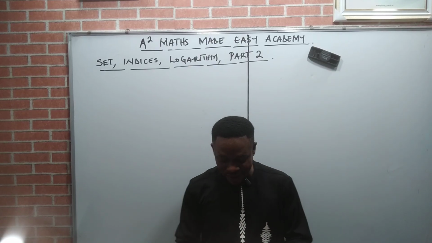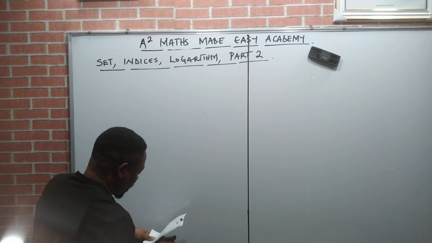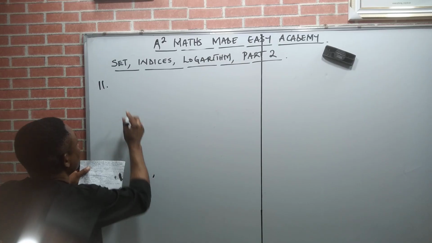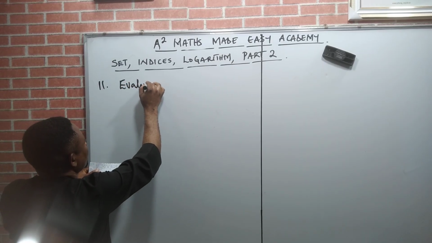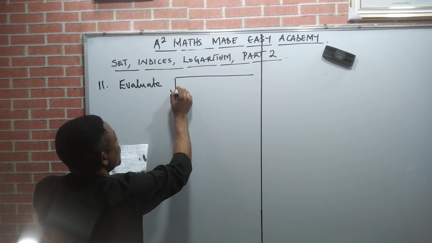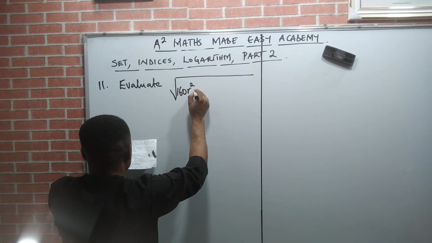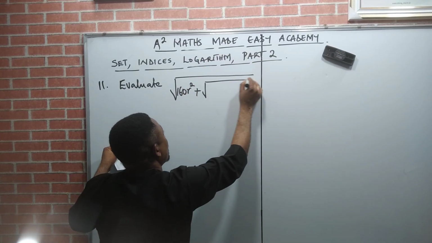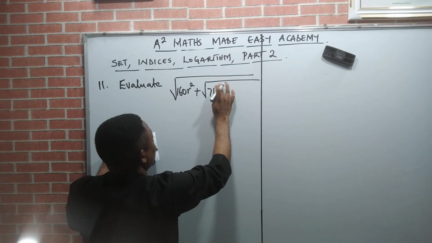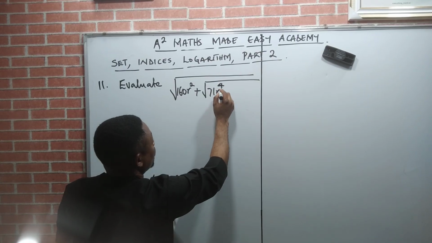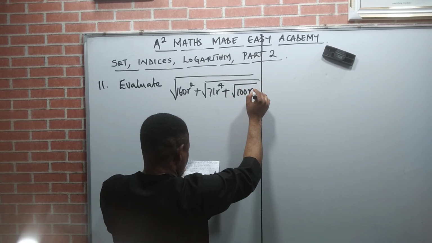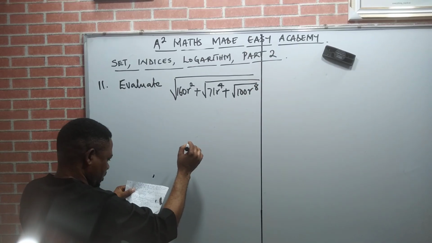Now I want you to watch the 11th question. Now the question says, evaluate the square root of 160r squared plus the square root of 71r raised to power 4 plus the square root of 100r raised to the power of 8.